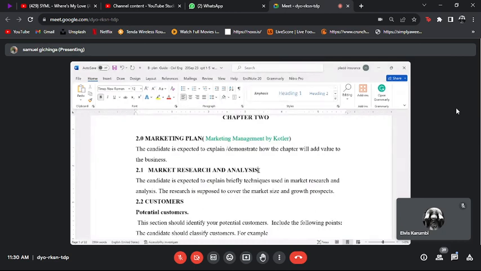When you do that, you'll get some data, either from competitors in your own way of getting it, or from the consumers themselves. You will then briefly explain the techniques that you use to summarize that data in a manner that becomes useful to you. So a candidate is expected to briefly explain the techniques used in market research and analysis.